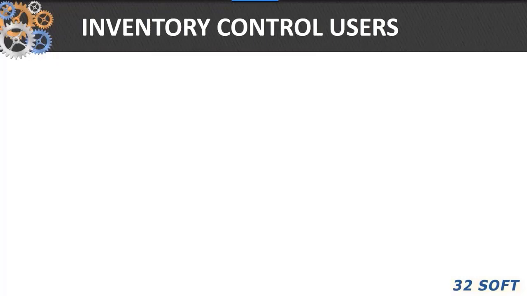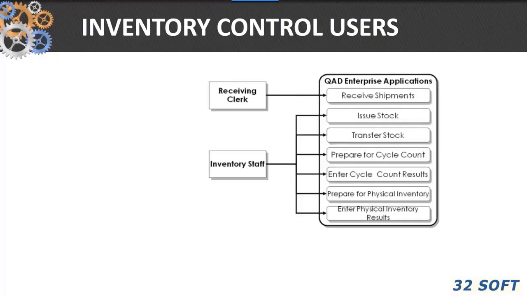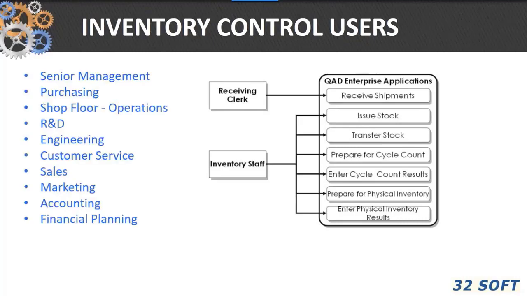There's lots of people who use inventory. Obviously, just the production inventory, the receiving people, inventory staff, they receive parts, they issue, they do cycle counts, all that kind of stuff. But there are a whole lot of other people in the organization: senior management, R&D, engineering, customer service, accounting, finance, planning.